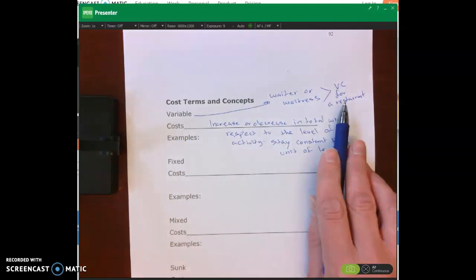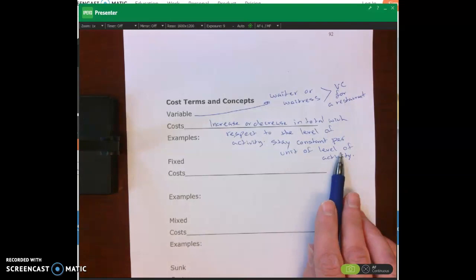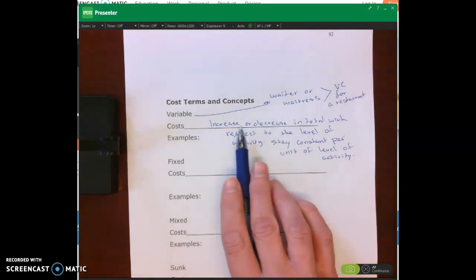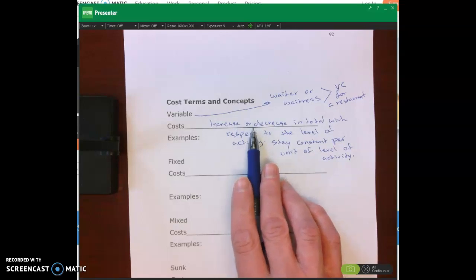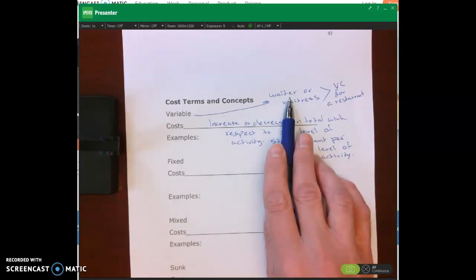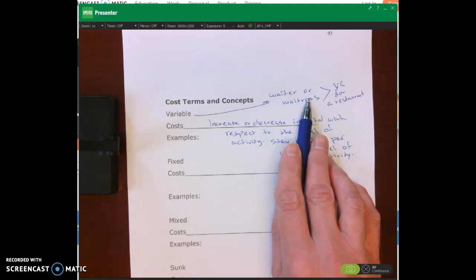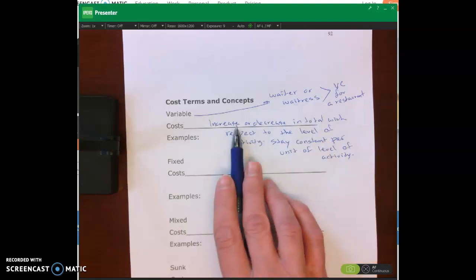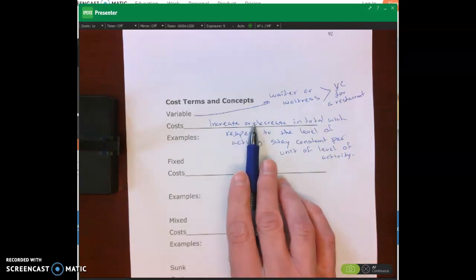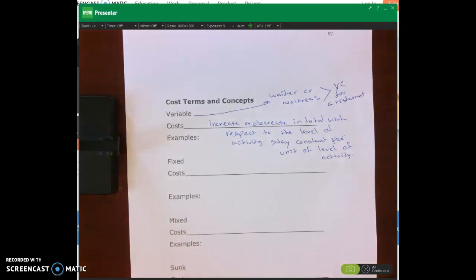Okay? It stays constant per hour, what we pay them, but because it could be a busy night and they have more customers, they may have to have more waiters and waitresses on staff for that night, which increases the number of hours that they have to pay for the waiters and waitresses, which then increases the total compensation expense for the waiters and waitresses. Right? The total wage expense for the waiters and waitresses.